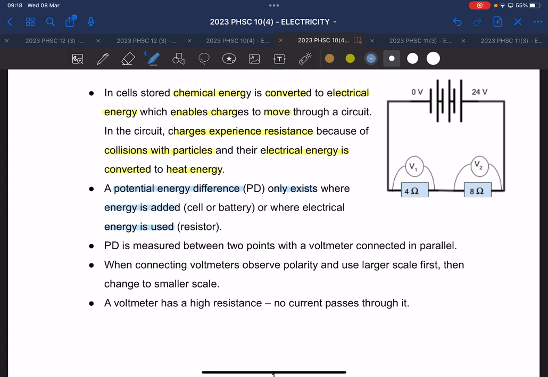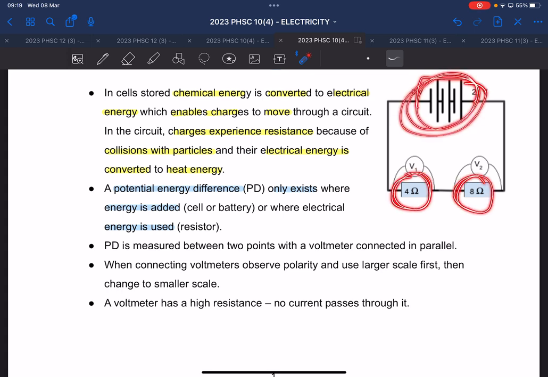And that's what we had yesterday with our practical that we did on the board. When the switch was closed, no energy was used. We said it was 3 volts and 3 volts. 3 minus 3 is 0. So because there was no energy used and no energy given, there was no potential difference. Alright? But when you have it over a cell where it gives energy or over a resistor where it uses energy, then you have potential difference.